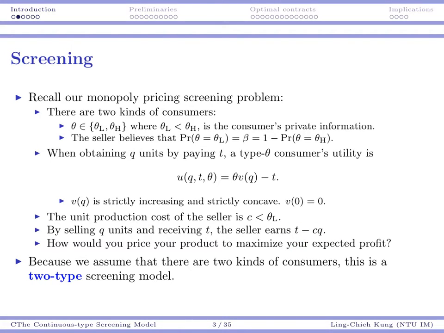The question is how to price the products so that we may maximize the expected profit. That's the seller's contract design problem about choosing the prices for the products with different quantities. Because we assume that there are two kinds of consumers, we say this is a two-type screening model.